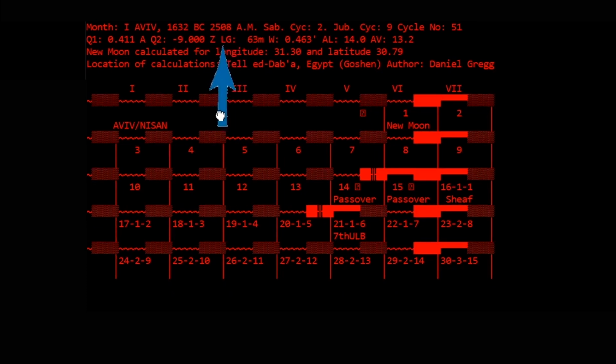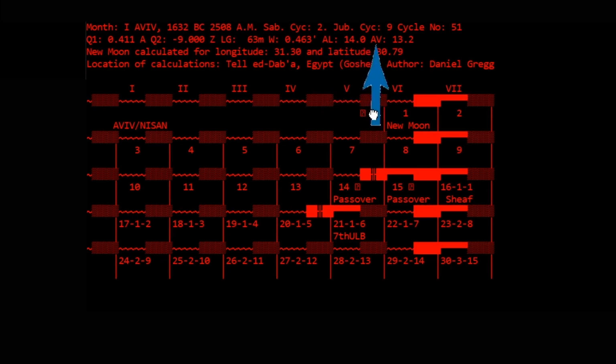LG stands for the lag time between sunset and moonset, 63 minutes. W is the crescent width, in this case in arc minutes, 0.463 arc minutes, which would give you about 30 arc seconds. Arc of light is the distance between the center of the sun and the center of the moon, 14 degrees.